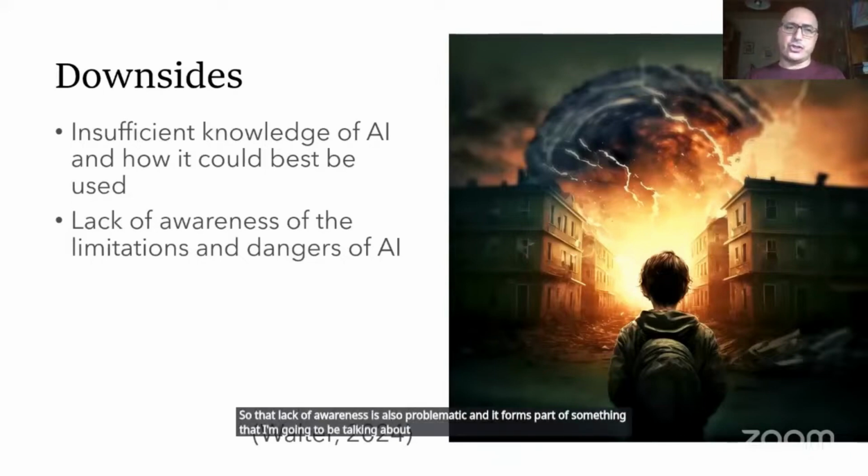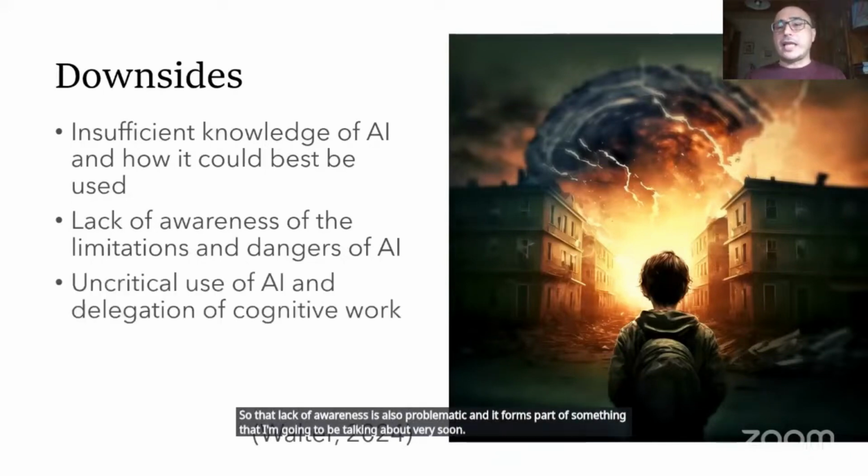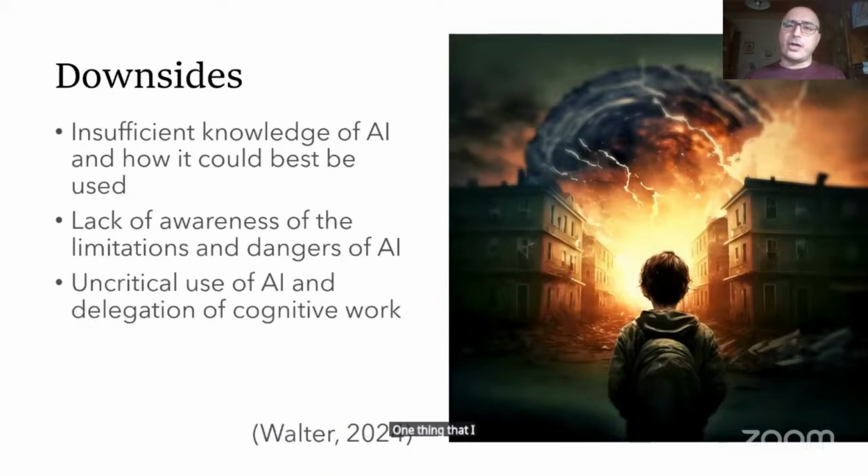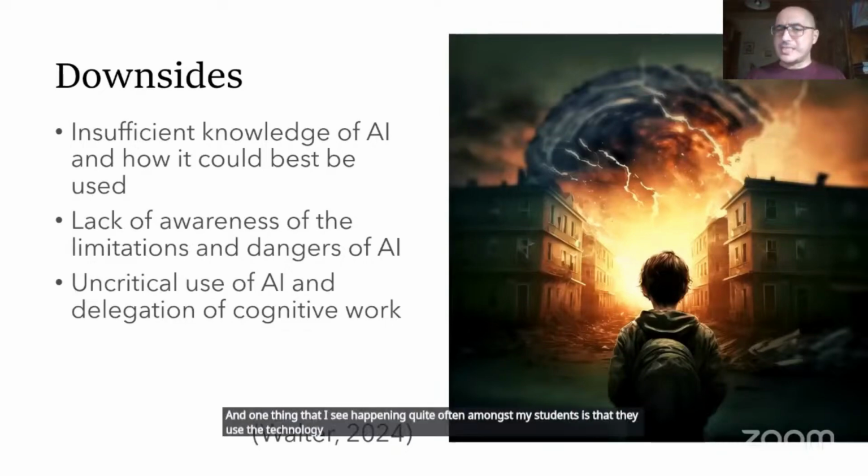One thing that I see amongst my own students, I teach at a university, and one thing that I see happening quite often amongst my students is that they use the technology. They might have learned how to use it to ultimately make better use of their time, but they are using it in an uncritical manner. So they are not deploying the critical thinking when using the technology.